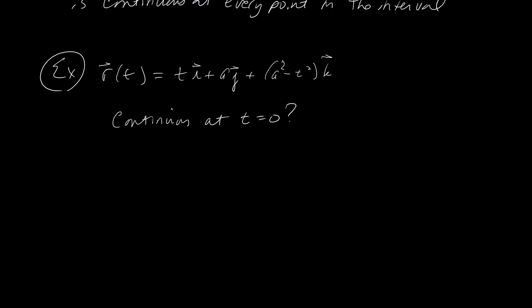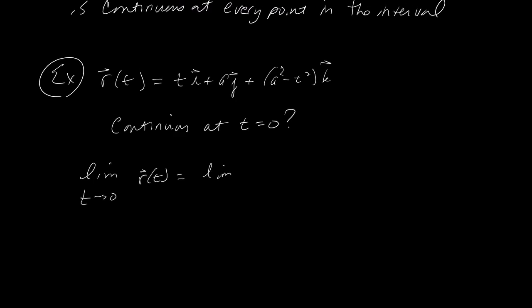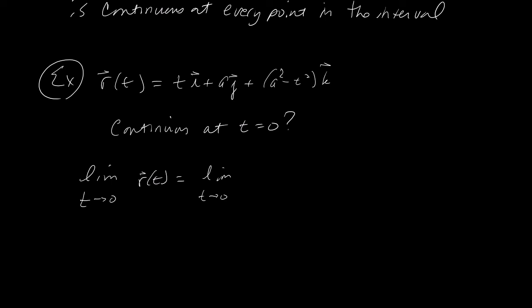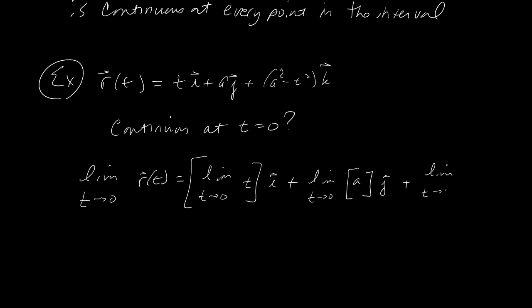The limit as t approaches 0 of r of t is just the limit of each component: the limit as t approaches 0 of t in the i direction plus the limit as t approaches 0 of a in the j direction plus the limit as t approaches 0 of a squared minus t squared in the k direction.